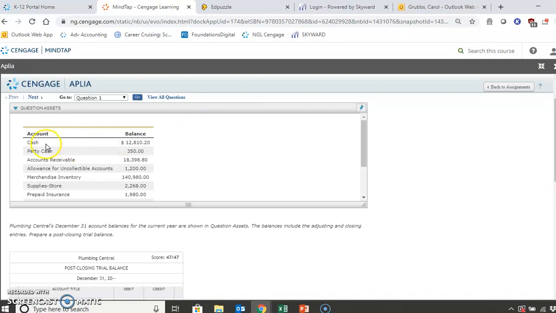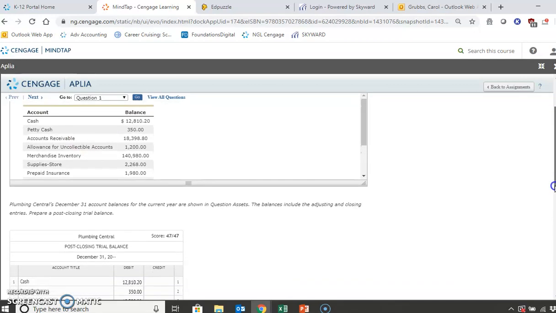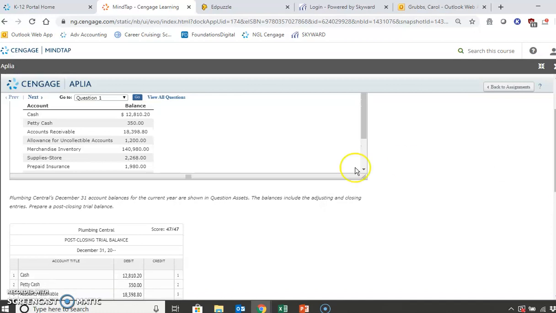You know that cash, petty cash, and accounts receivable are all asset accounts that increase on the debit side. I'm just going to scroll down here and let you see those. But then we see the allowance for uncollectible accounts.